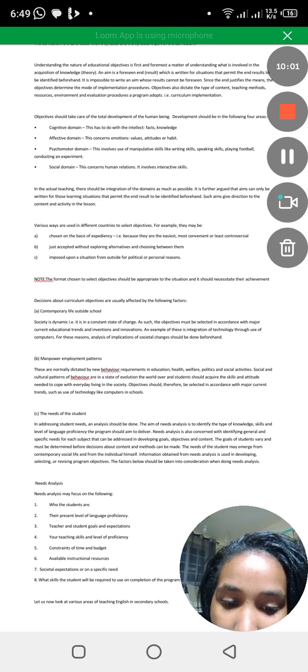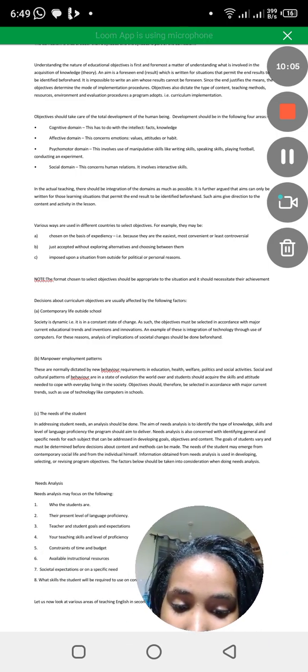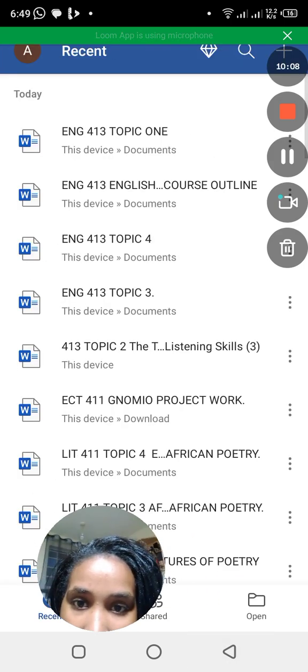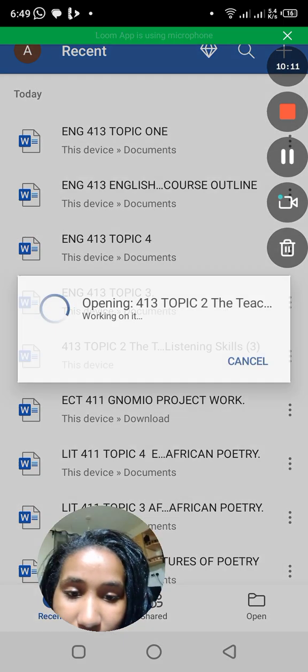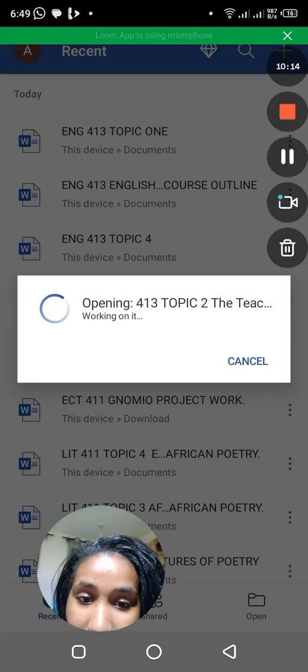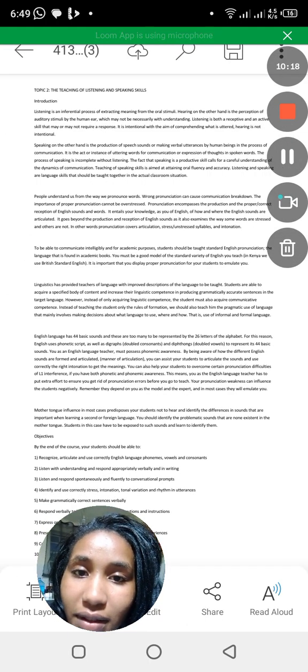Hearing is not intentional. Speaking, on the other hand, is production of speech sounds or making verbal utterances by human beings in the process of communication. It is the act or instance of uttering words for communication or expression of thoughts in spoken words. The process of speaking is incomplete without listening.